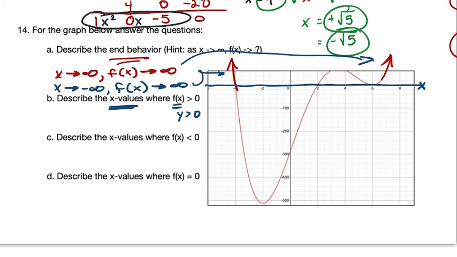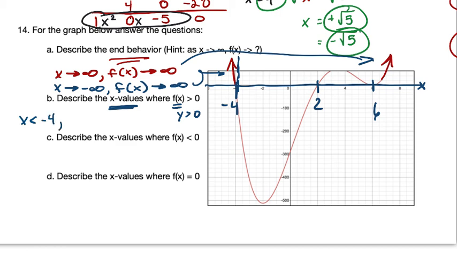So we just have to describe the x's. So let's see here. This happens at negative 4. This is a 2. And this is a 6. So to the left of negative 4, I'm above it. So I'm going to write this, left of negative 4. So any x's there put me above it.